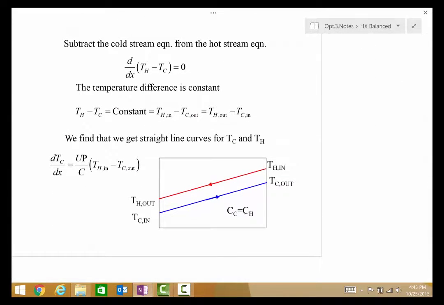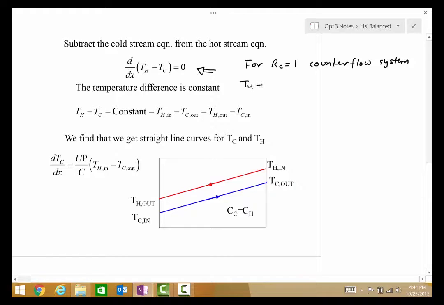Before going into that, the essential part that I wanted to show is that for RC equal to 1 in this counterflow system, the temperature difference is a constant. TH minus TC is a constant.